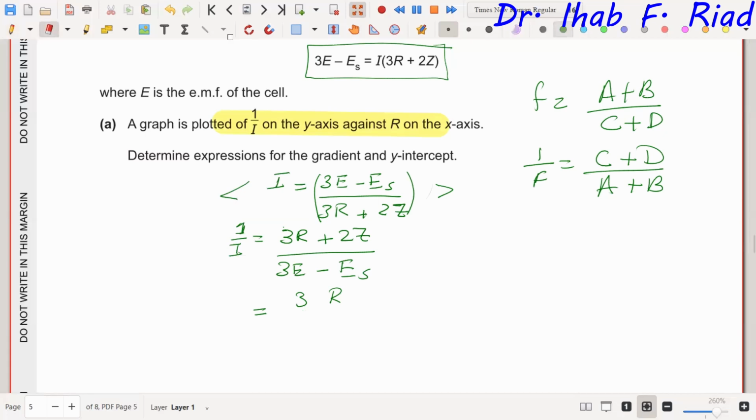Not exactly, because now this divides everything over here, right? So let us separate them. What else do I have here? 3E minus 3S.